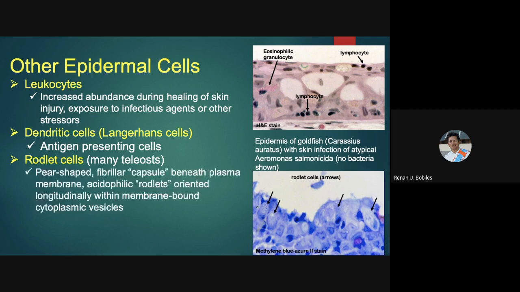The rodlet cells are a pear-shaped fibrillar capsule beneath the plasma membrane. Okay? It is a membrane-bound cytoplasmic vesicle. Its function is defensive. Often more numerous in fish exposed to damage by parasites or other insults or trauma. Okay?